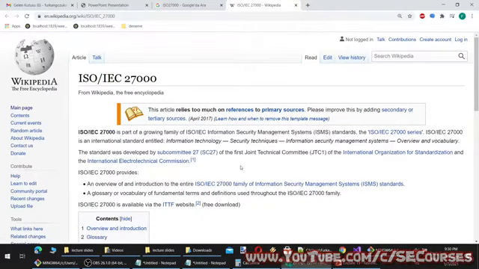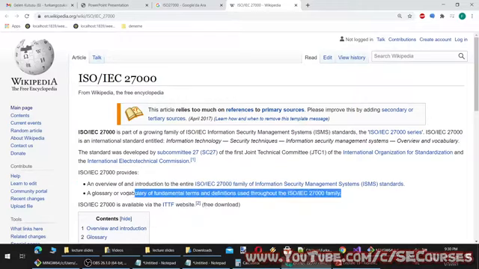ISO/IEC 27000 is part of a growing family of ISO/IEC Information Security Management Systems (ISMS) standards, the ISO/IEC 27000 series. It is an international standard entitled Information Technology, Security Techniques, Information Security Management Systems, Overview and Vocabulary. The standard was developed by Subcommittee 27 (SC27) of the First Joint Technical Committee JTC1 of the International Organization for Standardization and the International Electrotechnical Commission.